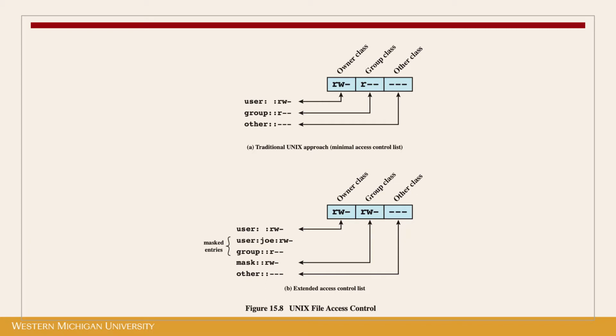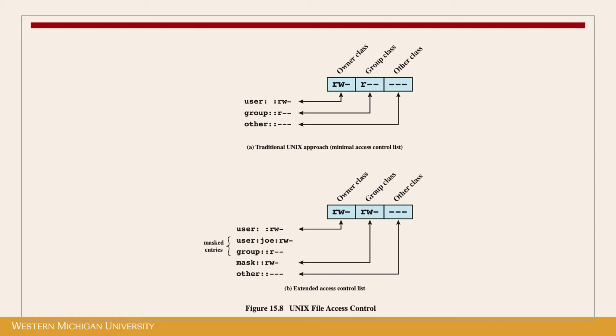Another method of using file access control is the Unix approach, where basically we just set properties on files. So we have bits that we set for what the owner of a file is allowed to do, what the group that they're a part of is allowed to do, and what anybody, the other class, that's anybody on the system, is allowed to do.